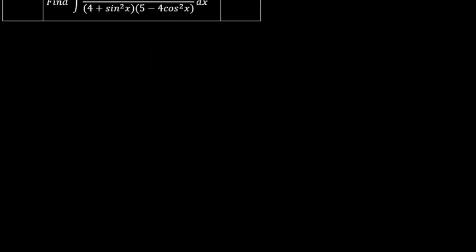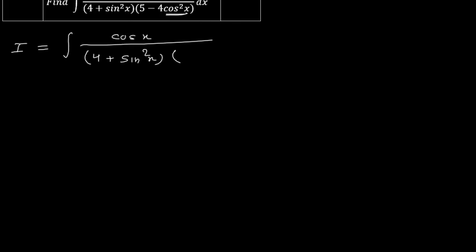Now 9th question. Integration of cos x upon 4 plus sin square x into 5 minus 4 cos square x dx. So if I put sin x is t, cos x dx will become dt. So what I have to do is convert this cos square x in terms of sin square x. So I equal to the integration of cos x divided by 4 plus sin square x into 5 minus 4 cos square x into dx.